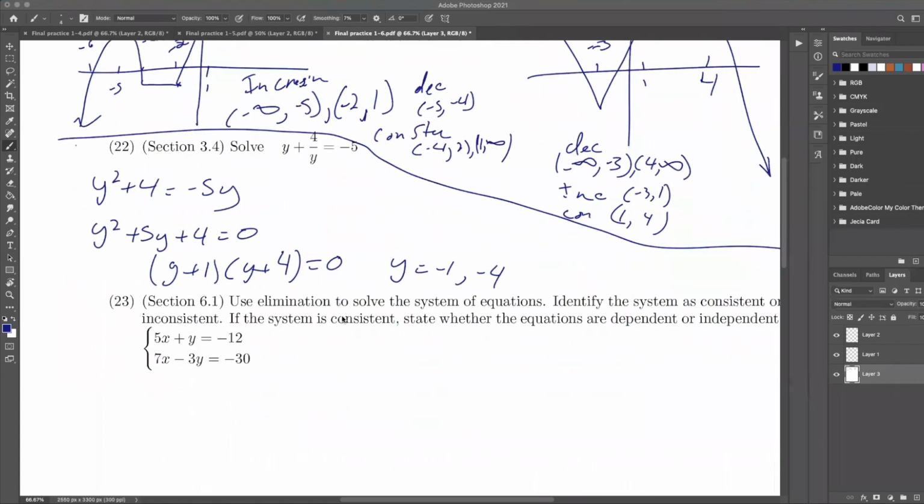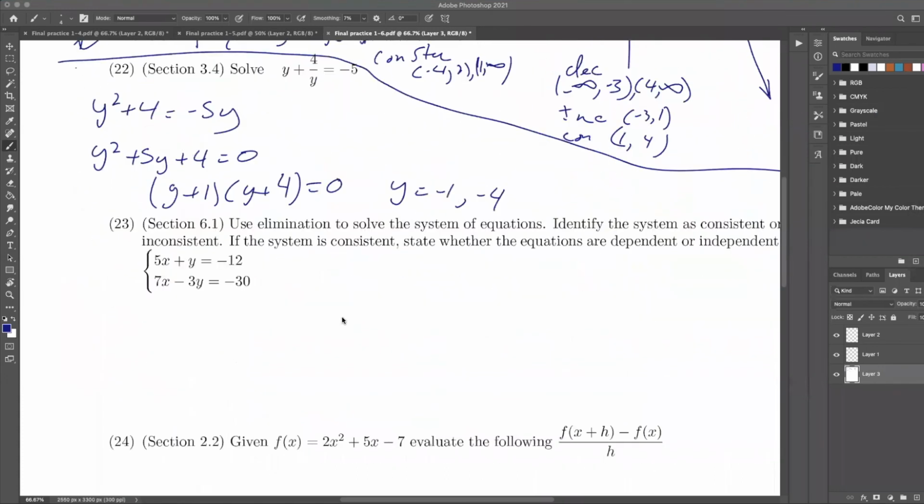All right. The next one here is: use elimination to solve the system of equations. Identify if it's consistent, inconsistent, and all that other stuff. We'll get into that. So I'm going to call this equation 1, call this equation 2.